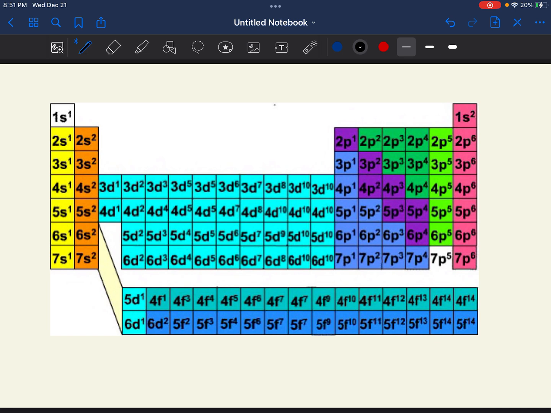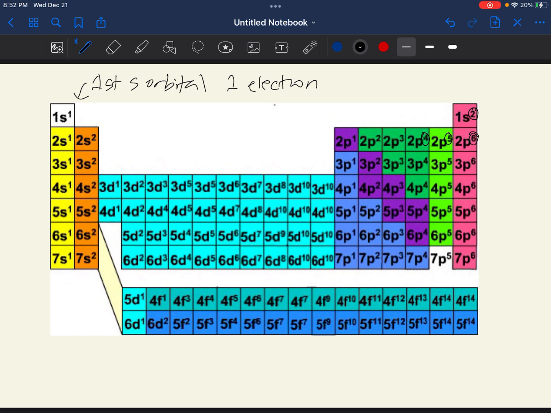As you can see, these little circles here show how many electrons are occupying that subshell. So in 1s1, this basically says that in the first s orbital, there is 1 electron occupying it.